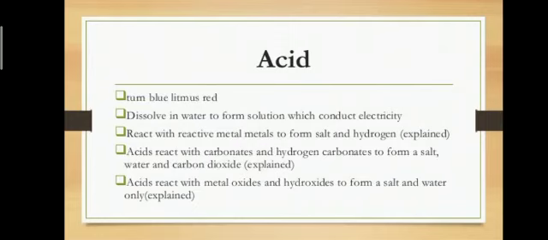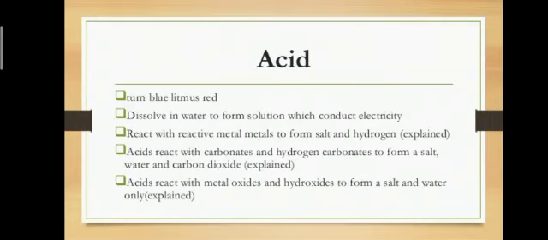The acid turns blue litmus red, dissolves in water to form solution which conducts electricity because ions will form and complete ionization will occur. React with reactive metal to form salt and hydrogen.